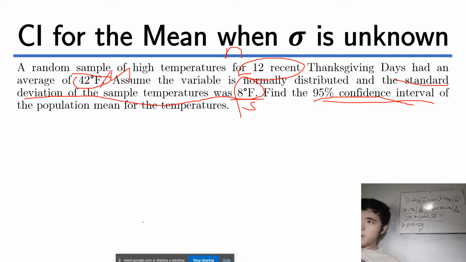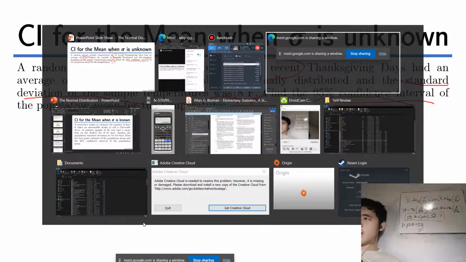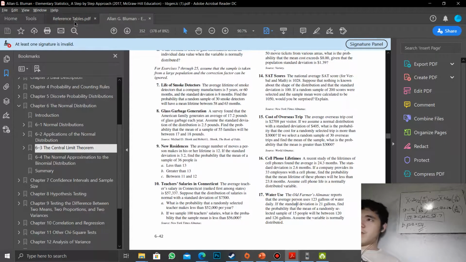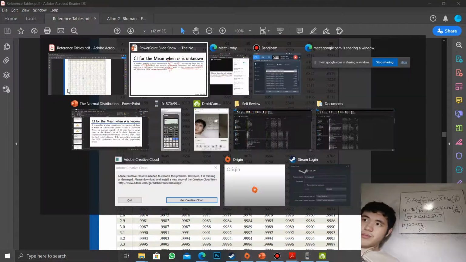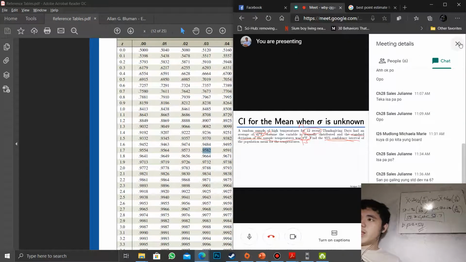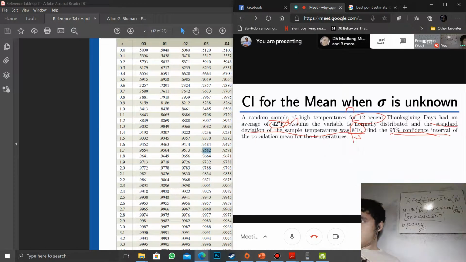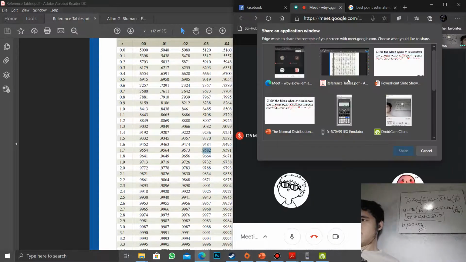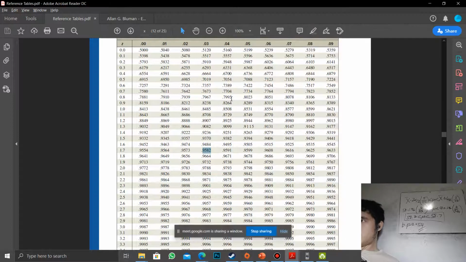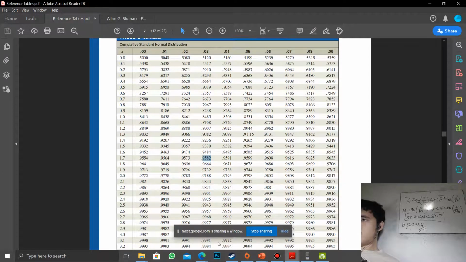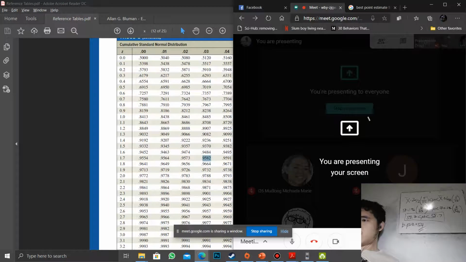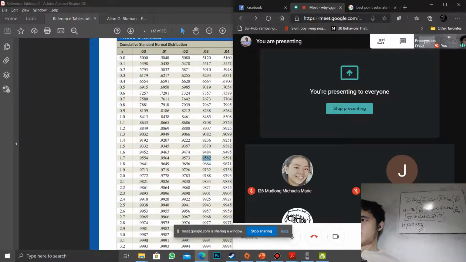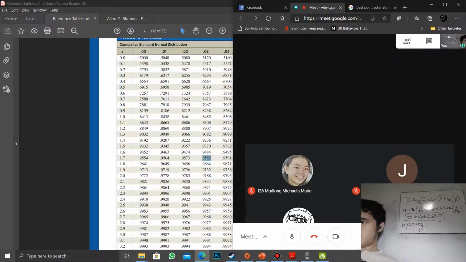So, paano to? Let's look at our Z table, no? Our T table. Pero, most of the time naman, given na to sa exam. Sige, I'm going to share my screen. Teka ha.